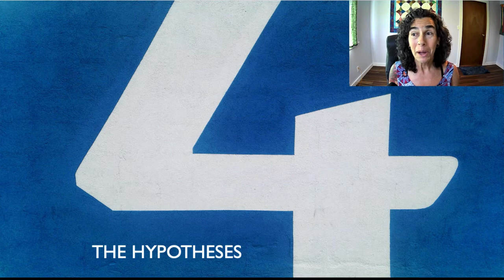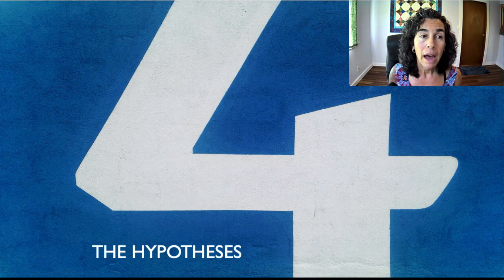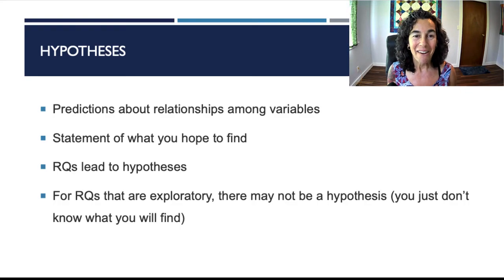All right, welcome back. We are now on step 4 of the research process. Bear with me, okay? All right, so hypotheses. A hypothesis is a prediction about what's going to happen, right? A prediction among variables. It's what you hope to find.